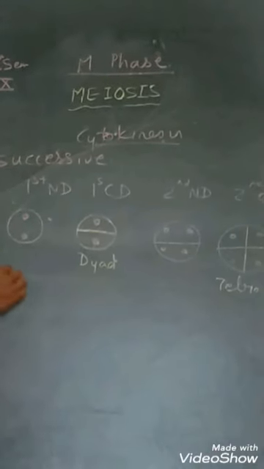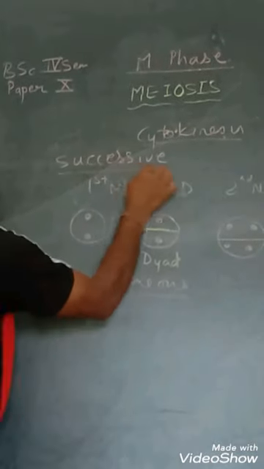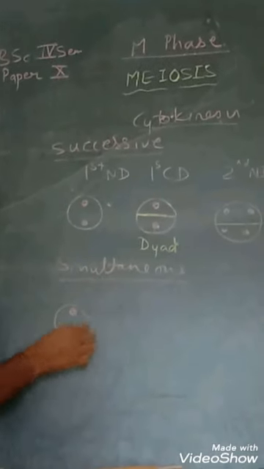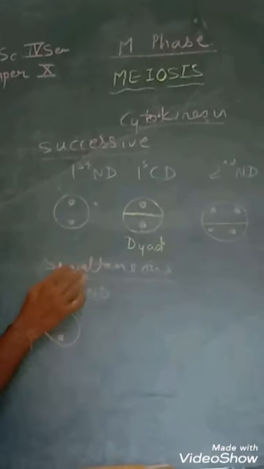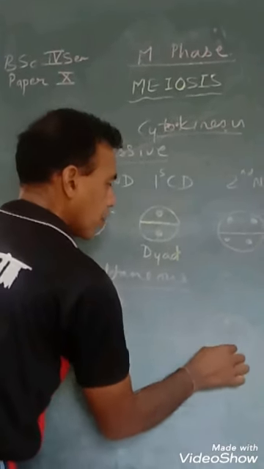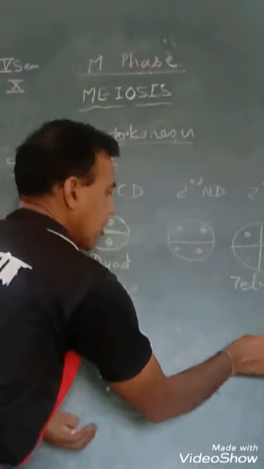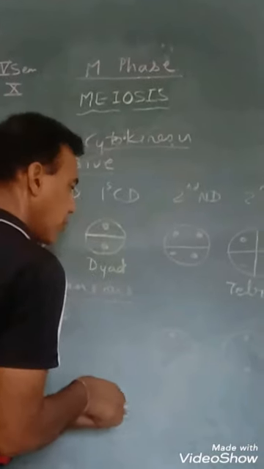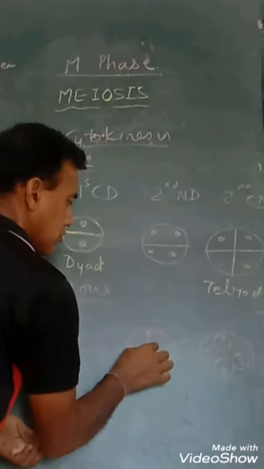The other type of division that we came across is simultaneous. That is a very unique feature of dicots. Here, after first nuclear division, there is no cell division. After that, second nuclear division takes place, 4 nuclei are formed and all the walls are laid down together. Simultaneous wall formation takes place like this.